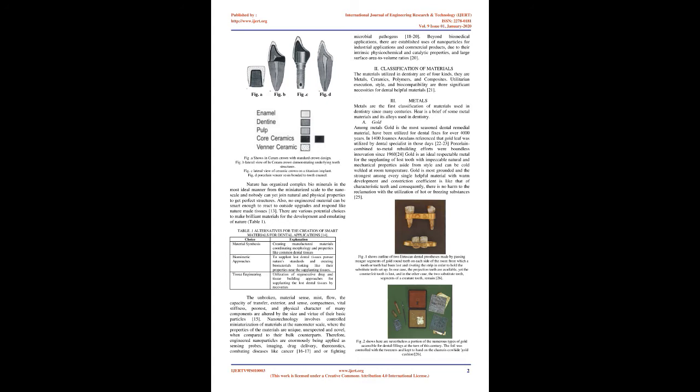Nature has organized complex biominerals in the most ideal manner from the microscale to the nanoscale, and no one can yet combine biological and physical properties to get perfect structures. Also, no engineered material can be smart enough to react to external stimuli and respond like nature-made tissues. There are various potential options to make smart materials for the development and emulating of nature.